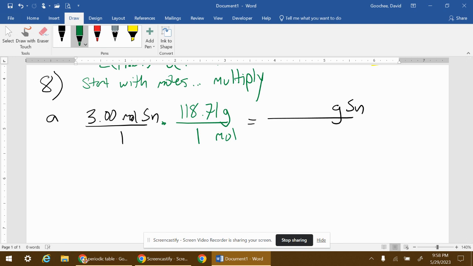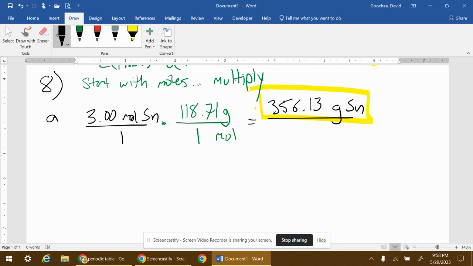So we just multiply 3 moles of tin times 118.71 grams per mole, and we get, for our answer, 356.13 grams of tin. When you're starting with moles, you multiply.